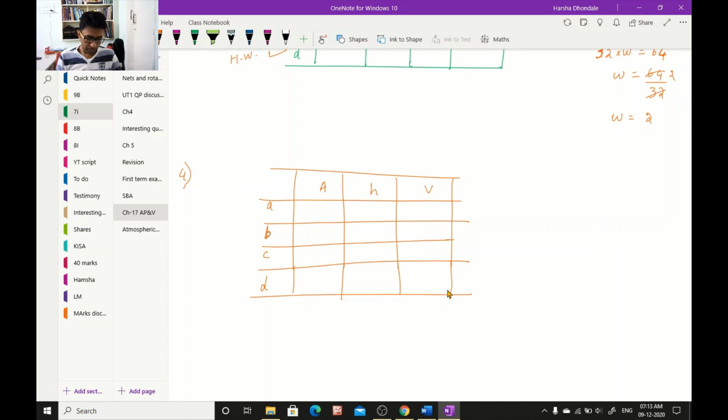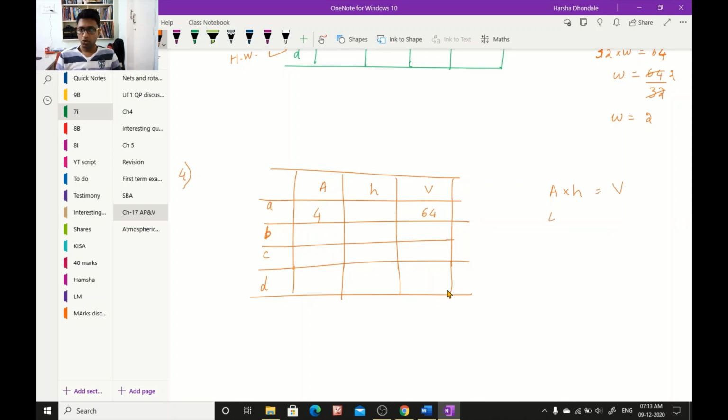Okay, what is the area? 4, and then height he has not given here, it's left empty, and then this is 64. So I need to find the height. 4A. We know that length into width into height is volume, or area into height is also equal to volume.